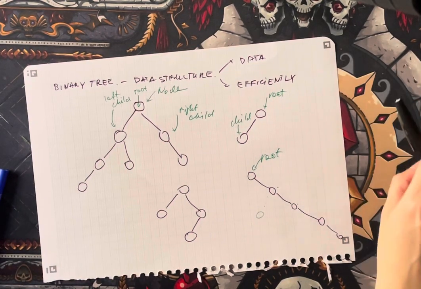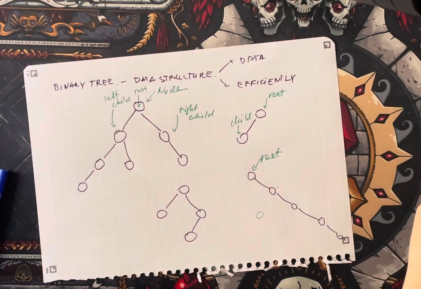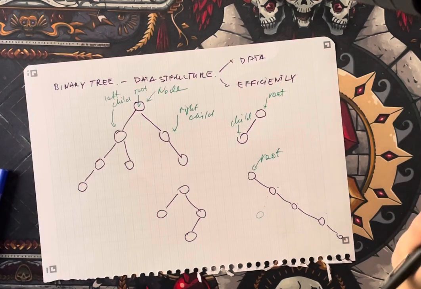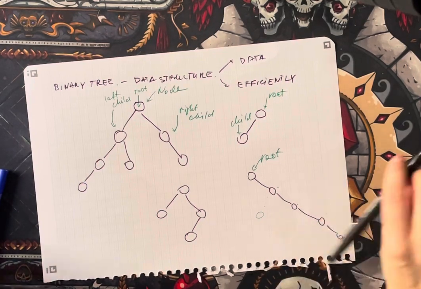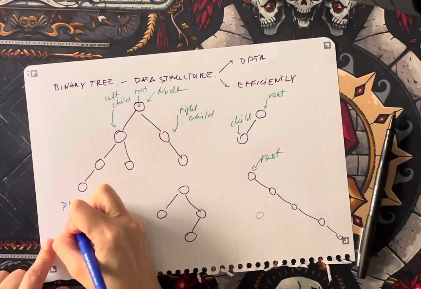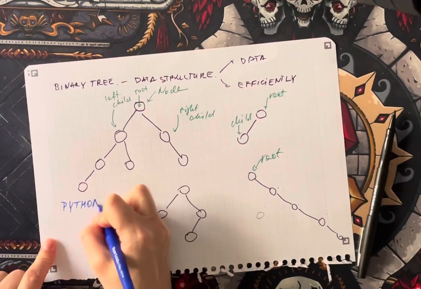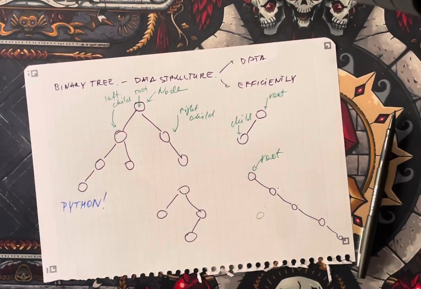So let us discuss a very concrete thing about binary trees right away, which is how to implement a binary tree in Python. Basically, how to turn abstract into concrete is the key capability that you need to possess to efficiently solve LeetCode and other problems about data structures and algorithms.